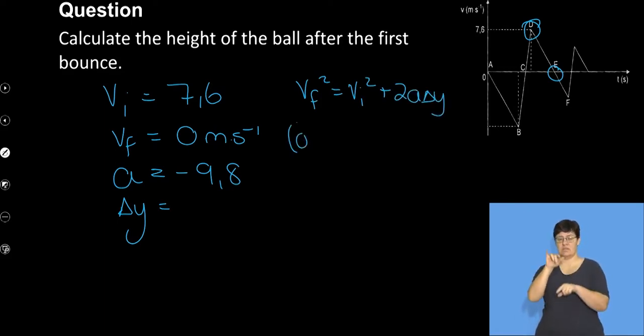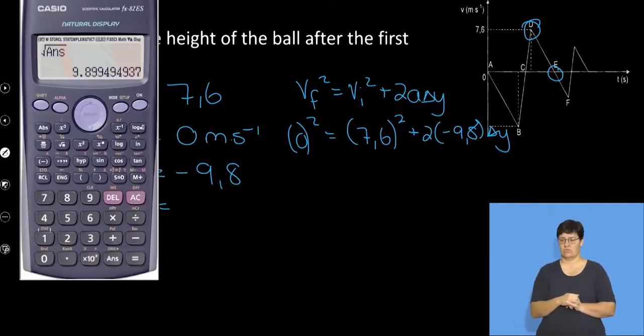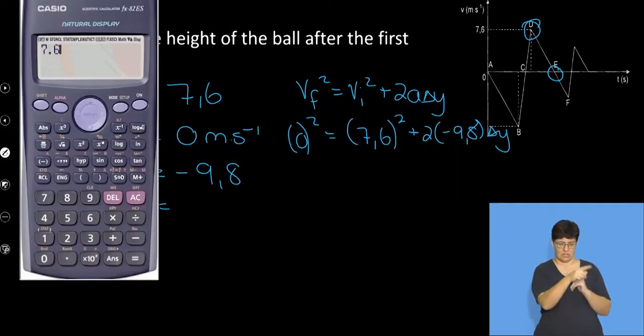We know that's 0. So 7,6 squared plus 2 times minus 9,8 delta y. So I'm definitely going to need to put this on my calculator. So 7.6 squared, which I'm now going to put onto this side.